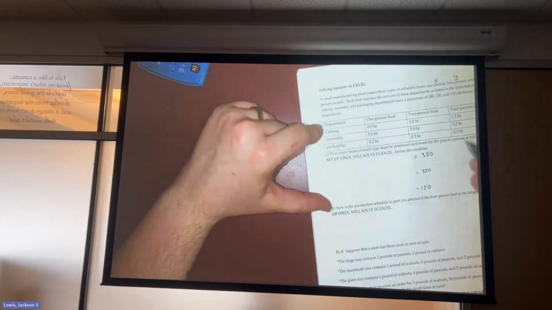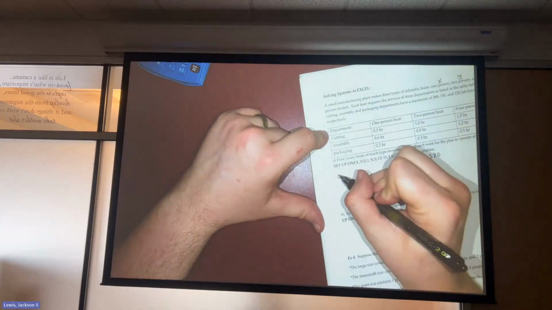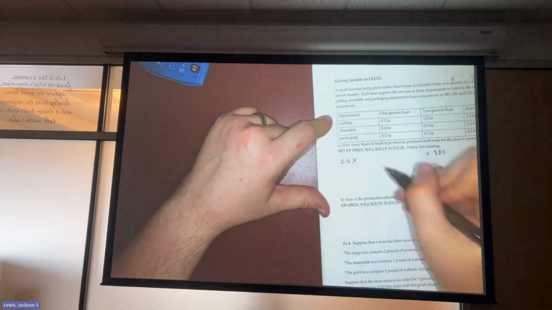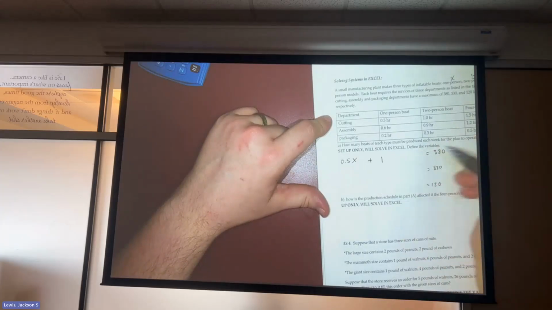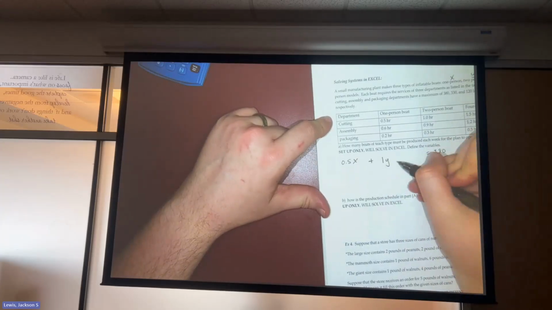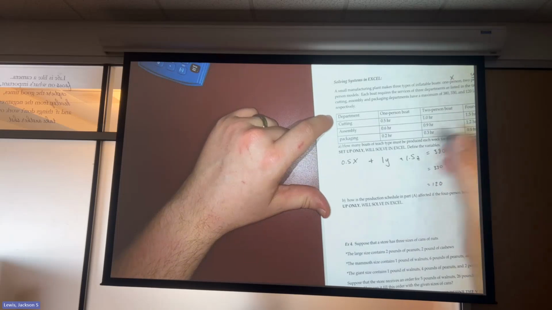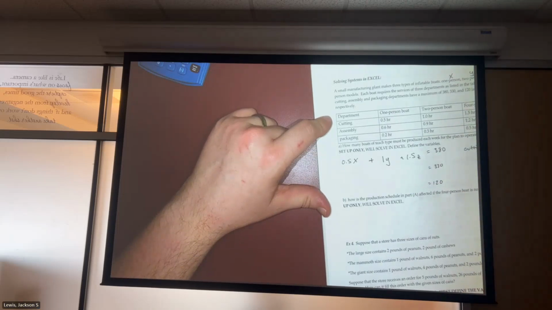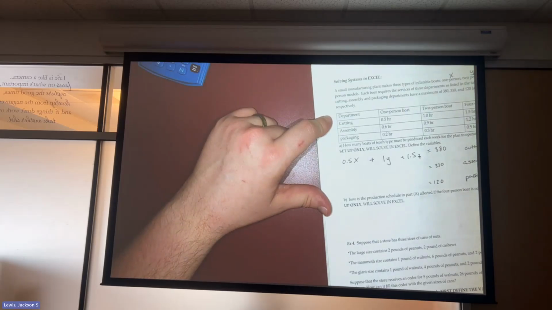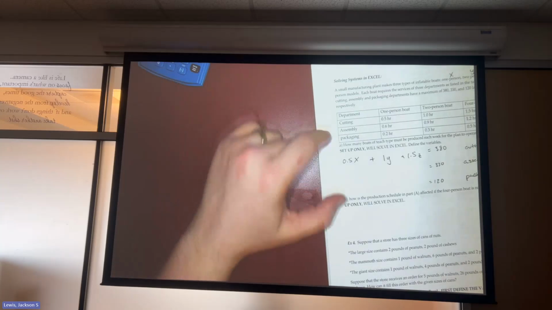So the cutting department can spend 0.5 hours on the X boat, 1 hour on the Y boat, and 1.5 hours on the Z boat. So this will be for cutting. This will be for assembling. This will be for packaging. All right.